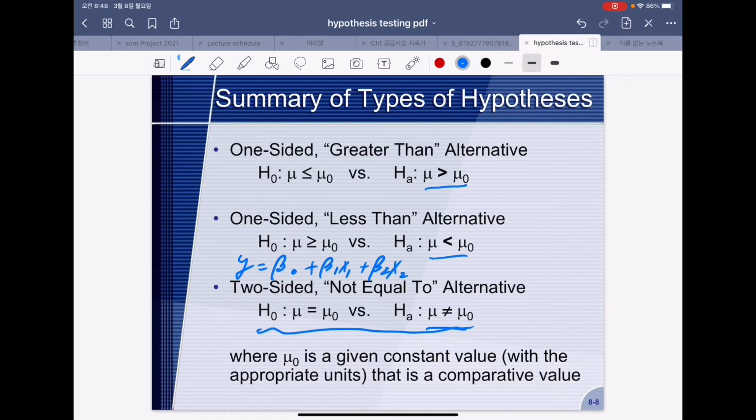You can set up hypothesis like beta 1 is greater than 0, right? But in the statistical package, what the package does is to set up hypothesis like this.